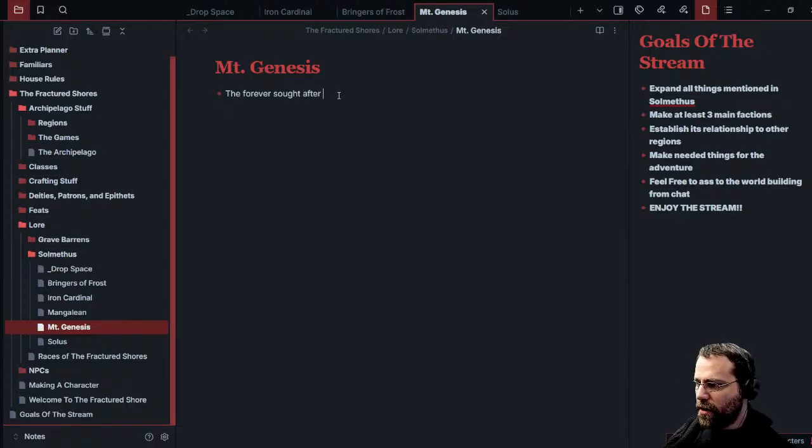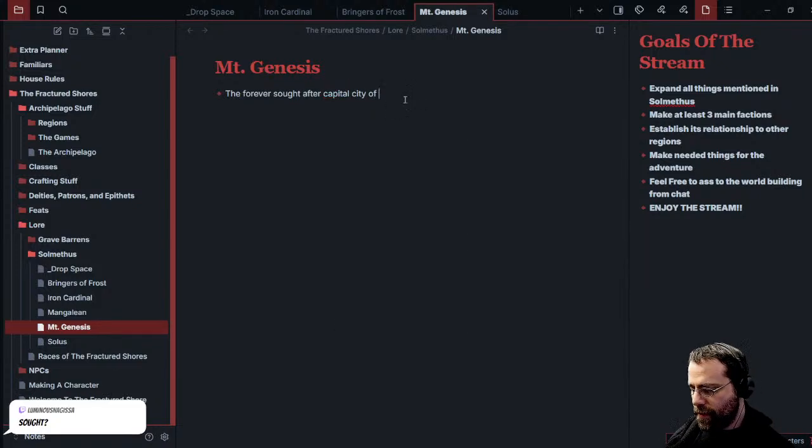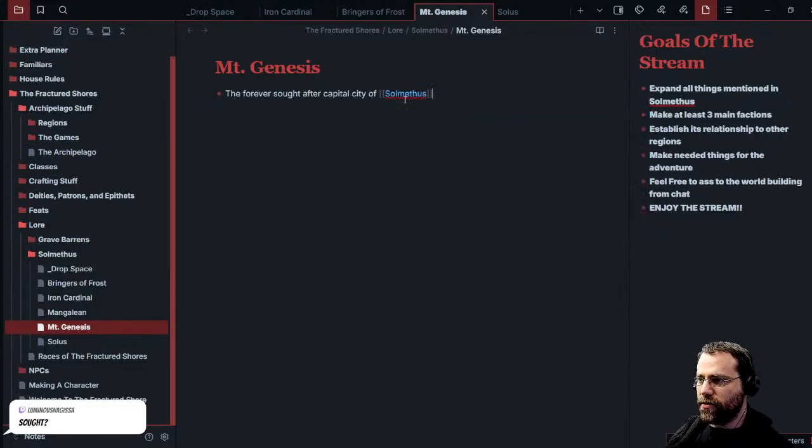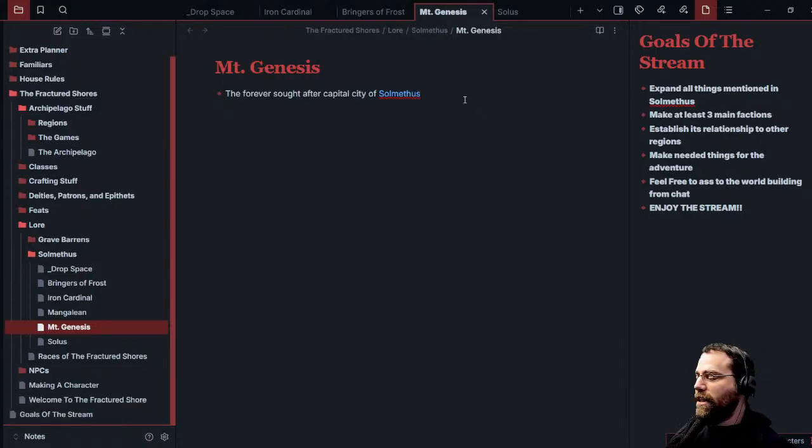Yeah. Sought after capital city of Solmethus. Like, I had it right in my head. I just couldn't type it for some reason, which is pretty standard, actually.